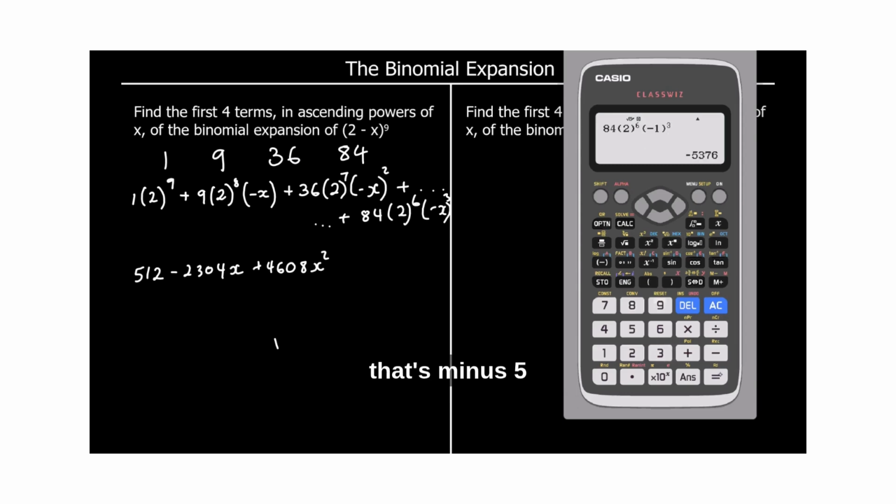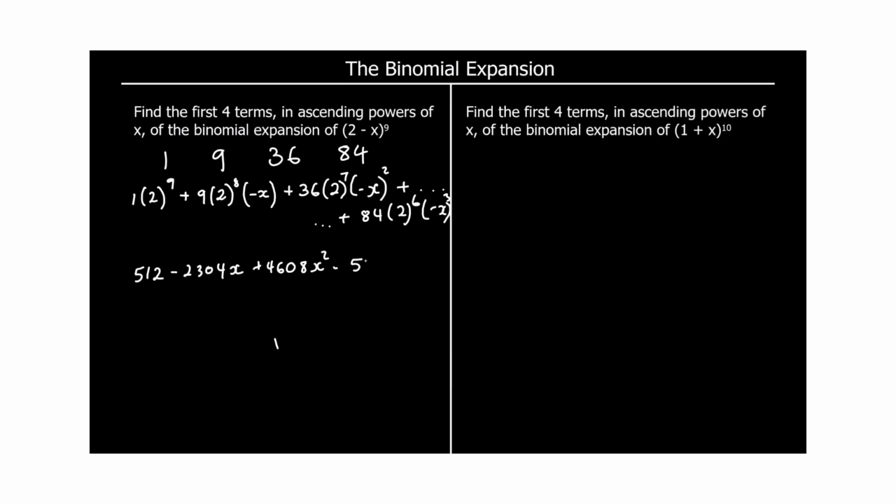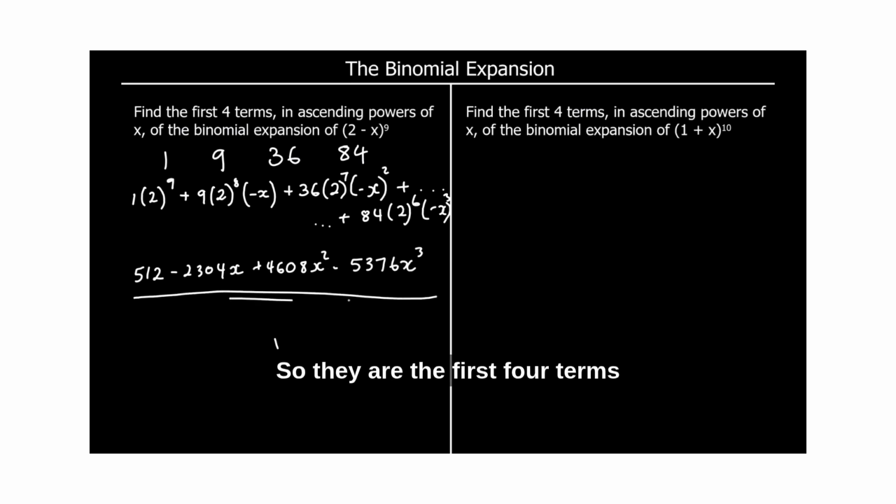And that's minus 5,376. And that's my x cubed term. So they are the first 4 terms of the expansion. That's all I need to do.